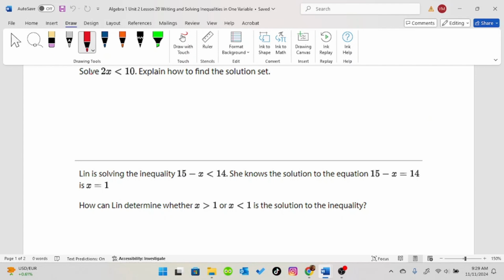If we have 2x is less than 10, the opposite of multiplying by 2 is dividing by 2. So we're going to do that to both sides to keep them equal. This leaves us with x is less than 10 divided by 2, which is 5.